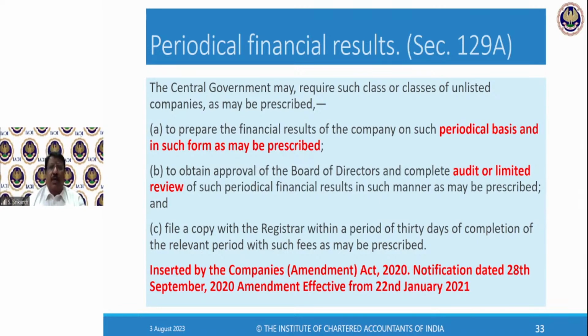Similarly, the central government, the MCA, may require such class or classes of unlisted companies. Please note, listed companies are already covered by SEBI regulation. They are already preparing quarterly, every quarter they have to give. For them there is no need because they are governed by SEBI. General rule, listed companies will come under SEBI control.